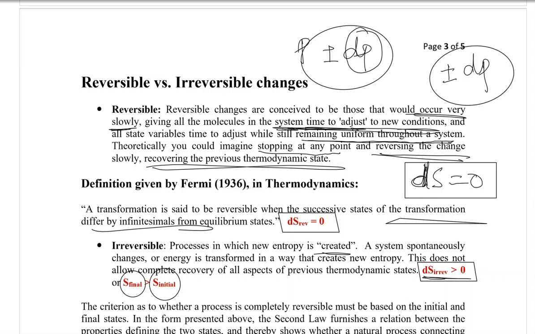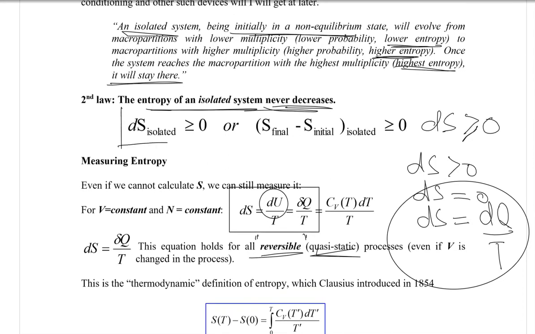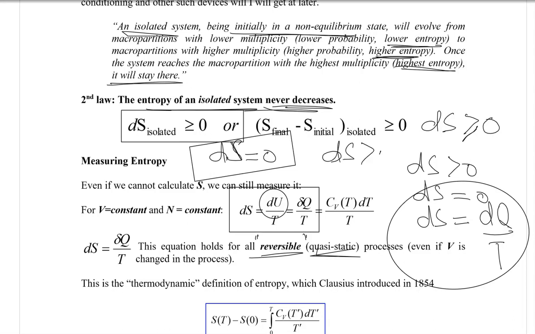So going back to our definition, the entropy of an isolated system either increases or remains constant. That means dS would be equal to zero for a reversible process, and dS would be greater than zero for an irreversible process.